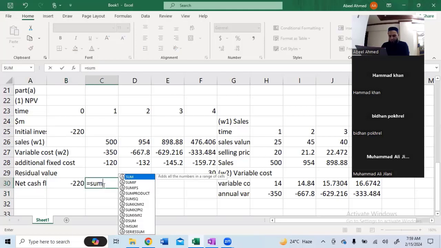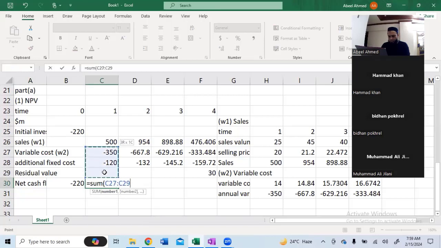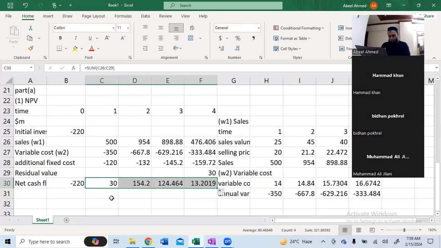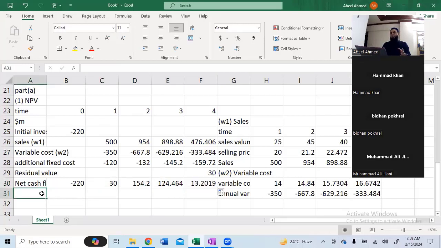Let us use the sum formula. Actually, in the question, it is mentioned there is no taxation. That is where the calculation is straightforward. Cost of capital, they have given us, I think, 14%.